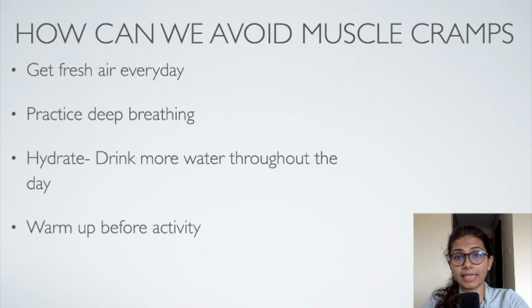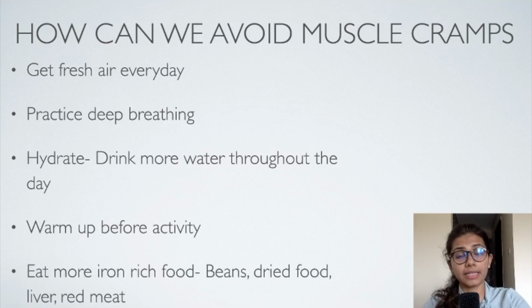Then, before any activity, warm up. Don't just jump directly into strenuous sports, games, dance, or running, jogging, but before doing any particular physical activity, just warm your body up by stretching or gentle movements, slow movements first. Then eat more iron-rich food.